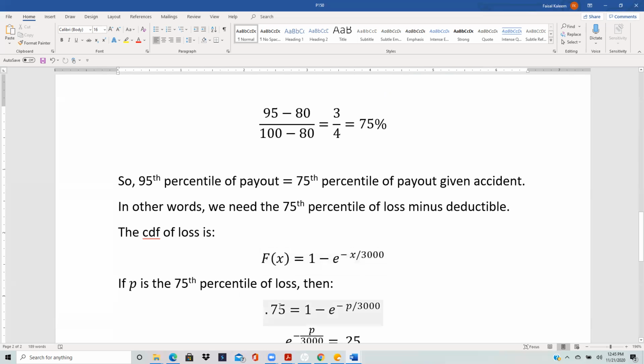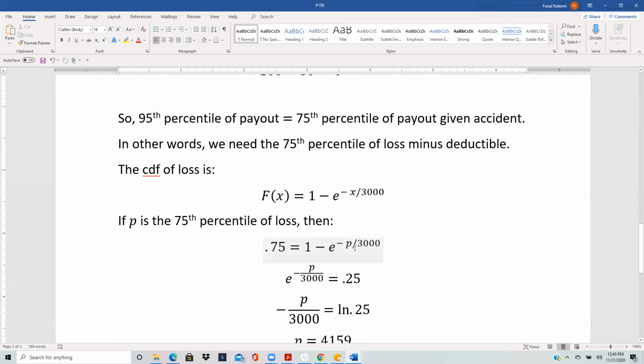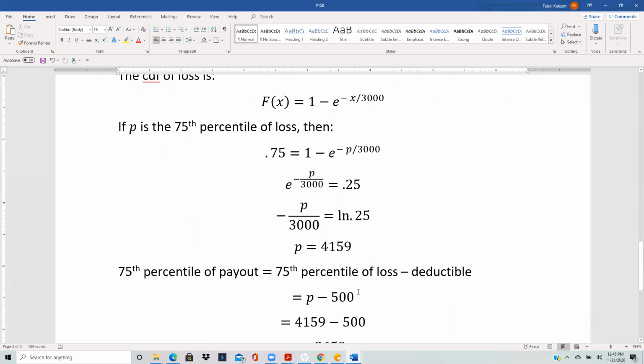So you put 75% for the accumulated probability, and if P is the 75th percentile, then P goes for x. From this equation, the exponential term moves to the left, and the 0.75 subtracts on the right, so you get 0.25. Then you take ln of both sides, and you end up with P equals 4159, and P is the 75th percentile of the loss.